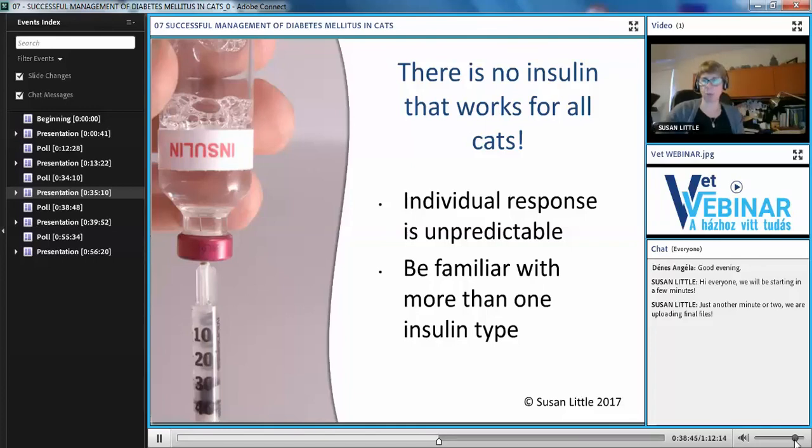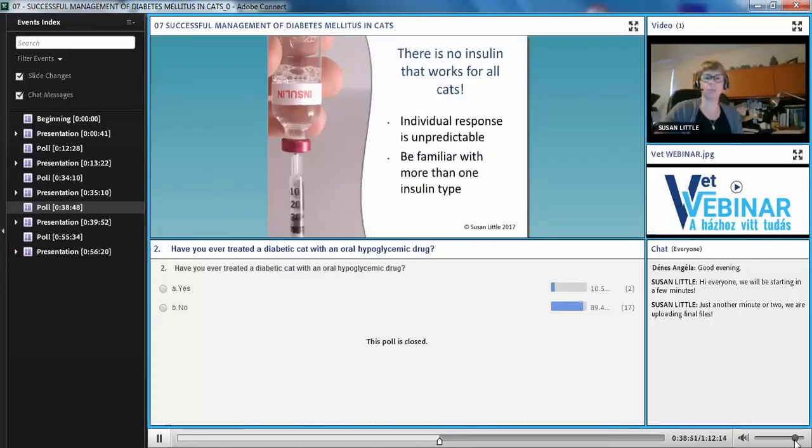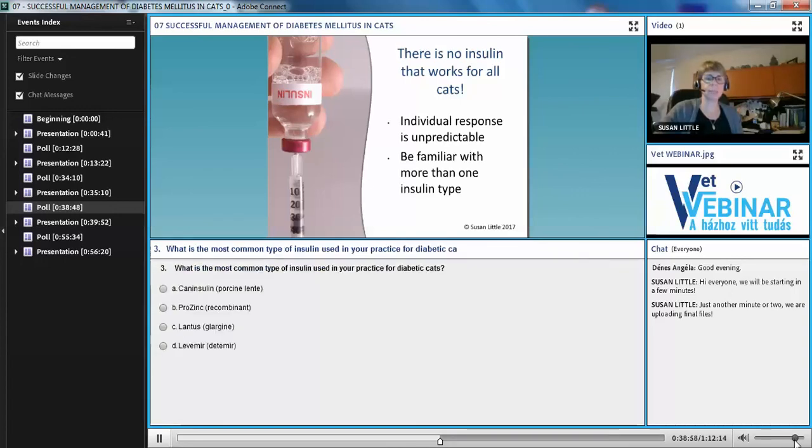So before we talk about insulins, I'm going to send another poll to you, and we're going to ask you about the type of insulins that you use in your practice. So I've put 2 veterinary insulins on the slide, the CAN insulin, or Vetsulin as it's called in the US, and Prozinc, which is made by Boehringer, not available in all countries, but it is a veterinary protamine zinc insulin.